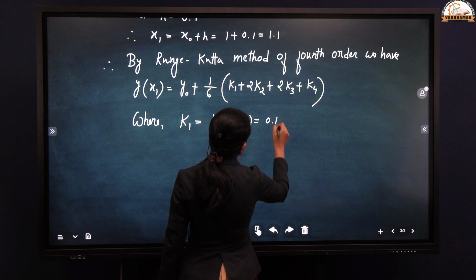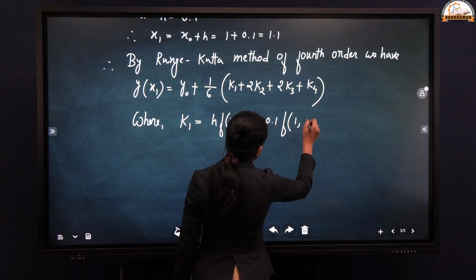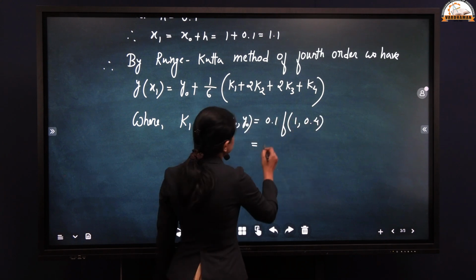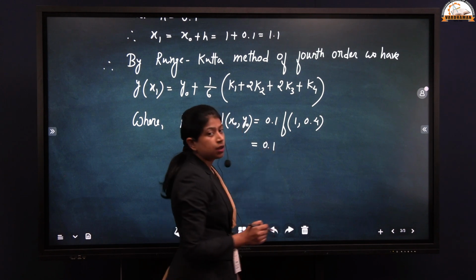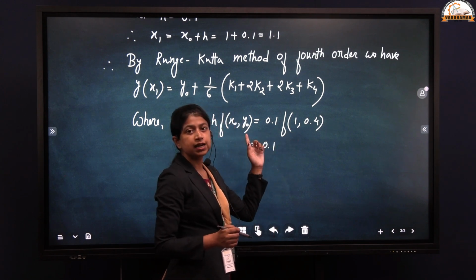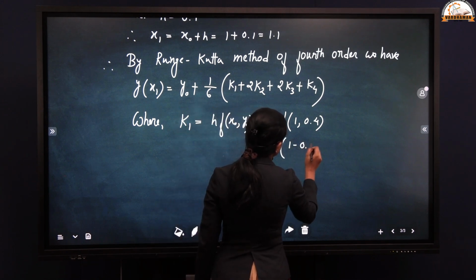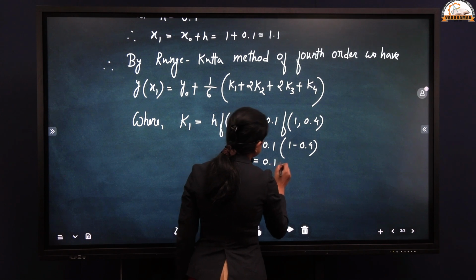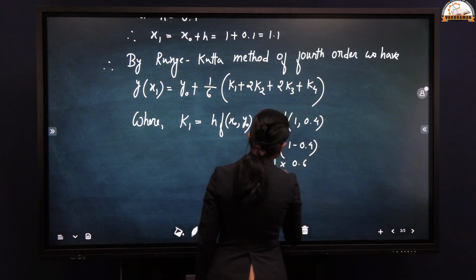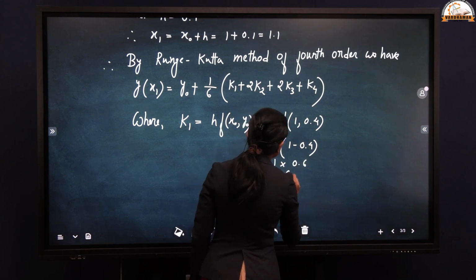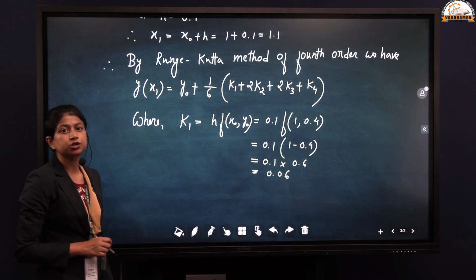h is 0.1, f of x naught is 1 and y naught is 0.4. So 0.1 into f of xy is given as x minus y. Here we can write 1 minus 0.4, which is 0.1 into 0.6, 0.06. So k1 is 0.06.